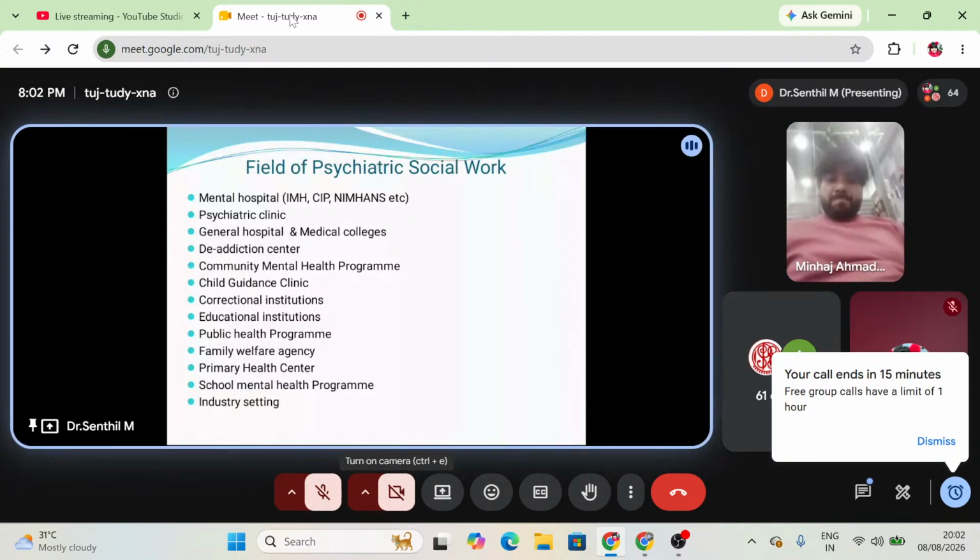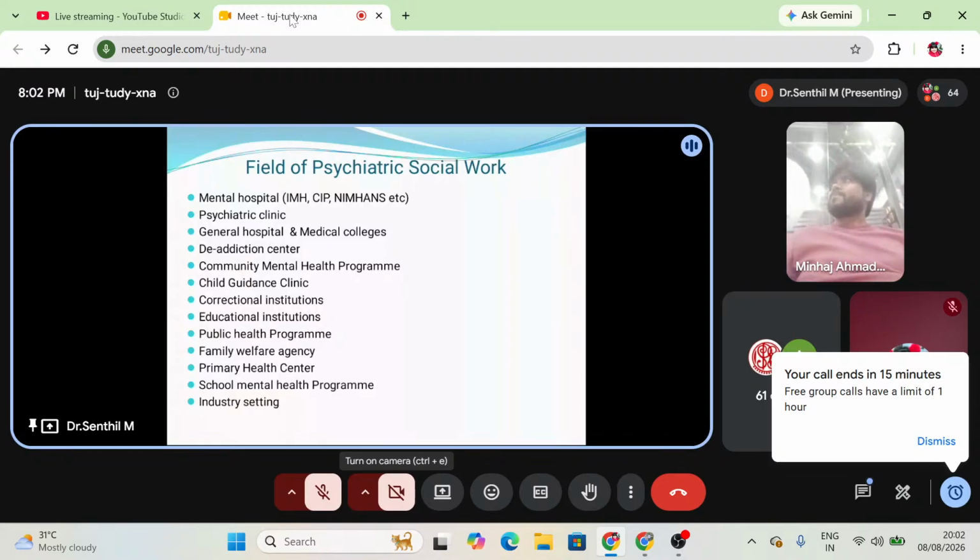So, fields of psychiatric social work. You can see in my introduction also I told you that the psychiatric social worker is not only working in psychiatric hospitals, the psychiatric social worker can work in various settings. Such as mental hospitals like CIP, Manch and LGB, etc. The psychiatric social worker can work in a psychiatric clinic also, which a private psychiatrist can run.